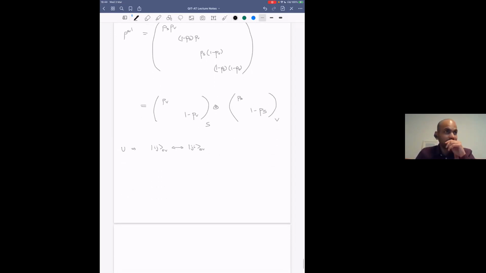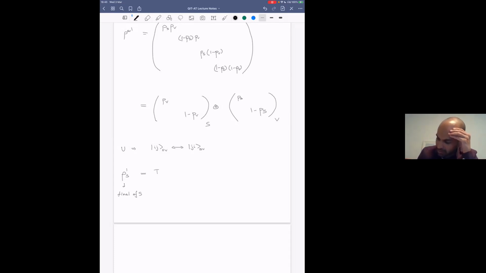Now, clearly, since the states completely flip, the properties of the state at the end of the system in particular are simply the properties of whatever the other system V was in the beginning. So what I can say is rho S prime, which is the final state of rho S. Remember, whenever I use prime, it simply reflects the final value of either a state or a variable at the end of a transformation.